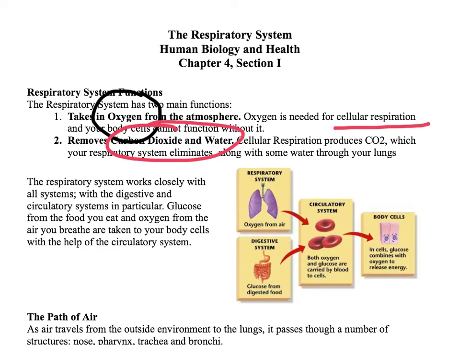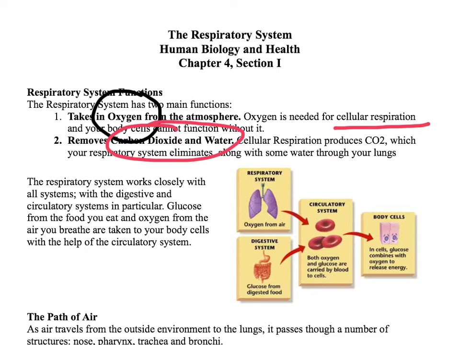Cellular respiration is not the respiration that we know of as breathing. It's the process that you should have gone over last year, where cells take in oxygen and glucose in order to produce energy, and in that process they release carbon dioxide and they eliminate some water also through your lungs.